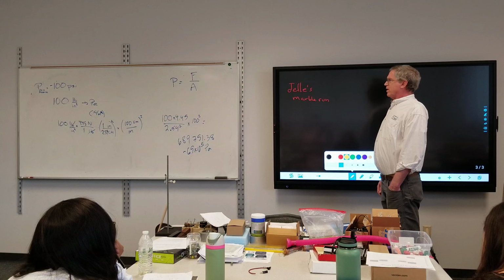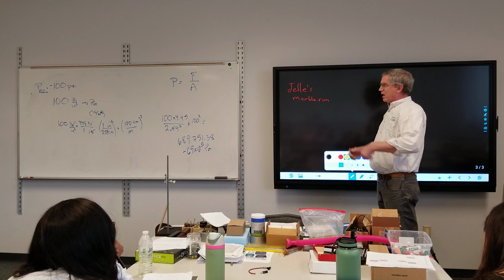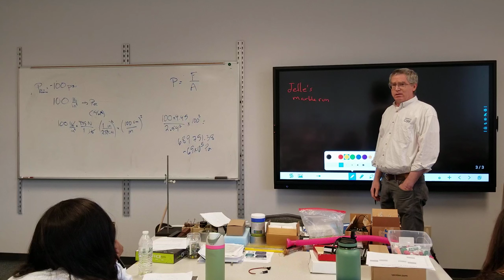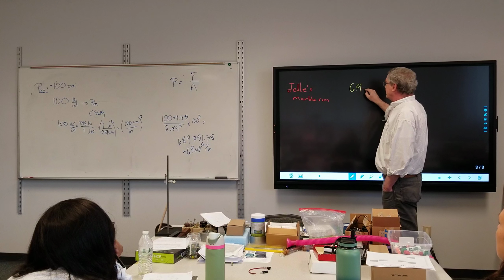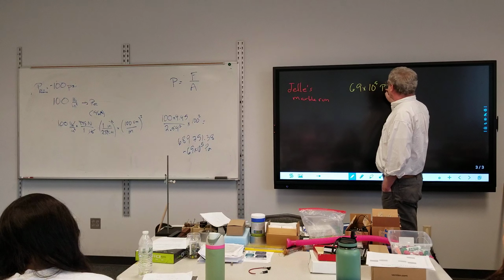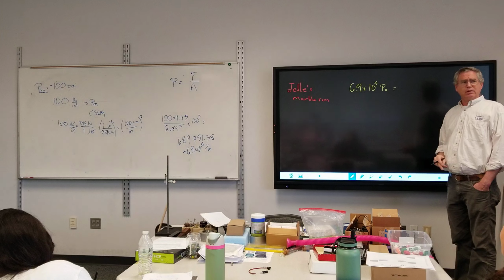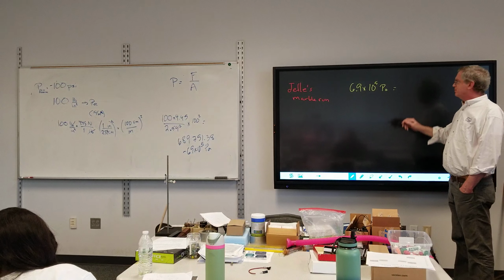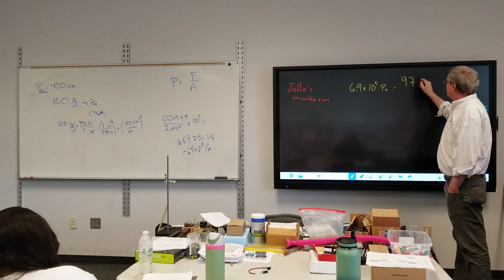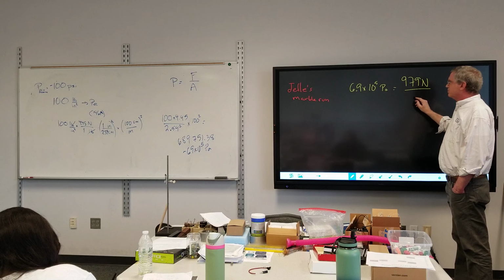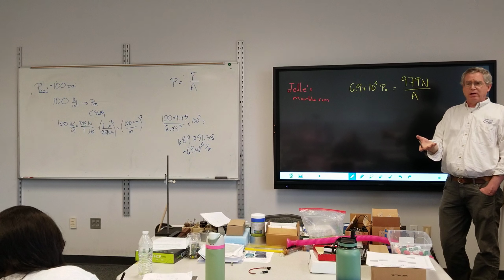Well, I know that if I'm just standing there, then the force I would be applying would be my weight, which we calculated last time. So the pressure, 6.9 times 10 to the 5th pascals, is going to be equal to my weight, which is 979 newtons, divided by the cross-sectional area of the heel.